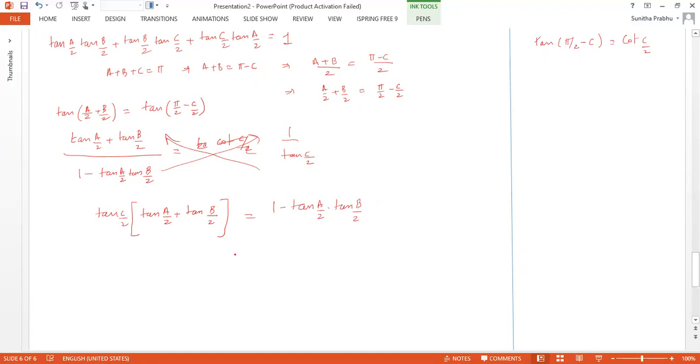If I want to get this, only 1 I have to have, so I get this side. So I say tan A by 2, tan C by 2 plus, opening the brackets, tan B by 2, tan C by 2. Then this I get this side: tan A by 2, tan B by 2 equal to 1.